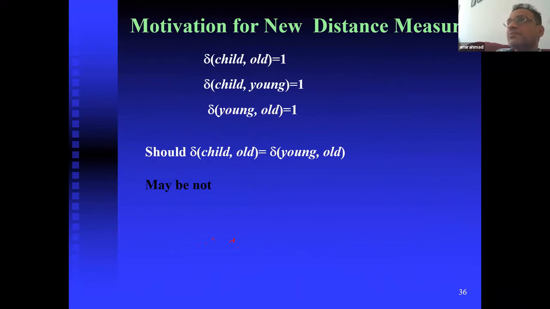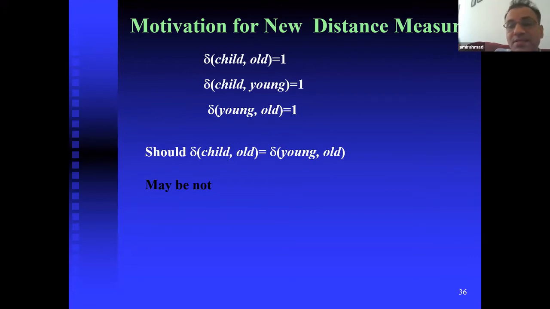Now, there are 3 attribute values: child, old, and young. Hamming distance says that if values are not the same, the distance should be 1. So the distance between child and old is 1, child and young is 1, and young and old is 1.